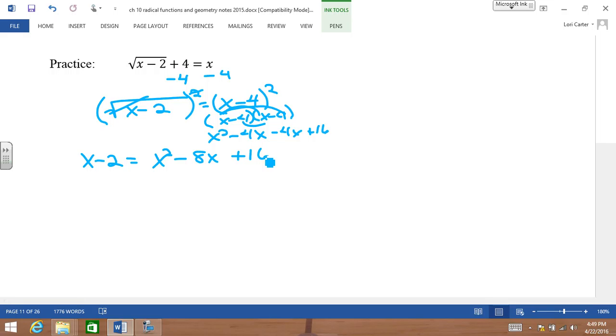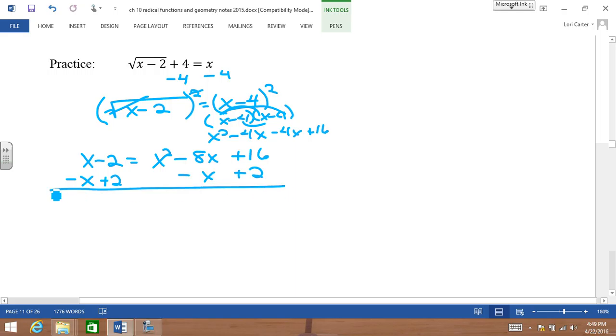So to set it equal to 0, we clear the one side of the equation. So we're going to subtract x, add 2. Subtract x, add 2. Remember, if it's going too fast, someone has to hit pause. So this cancels. We have 0 equals x squared minus 9x plus 18.